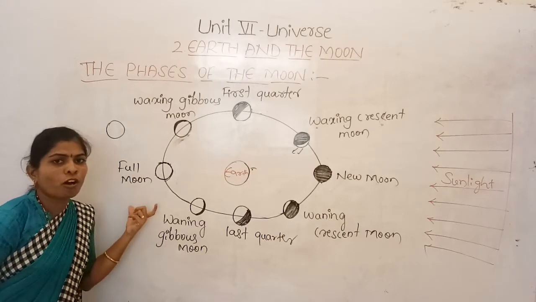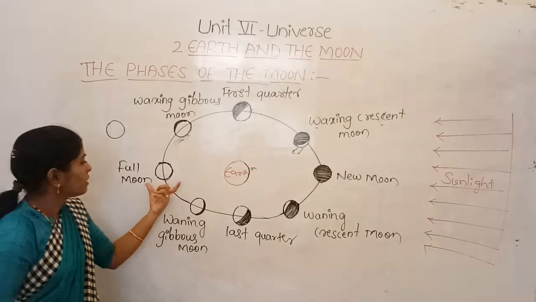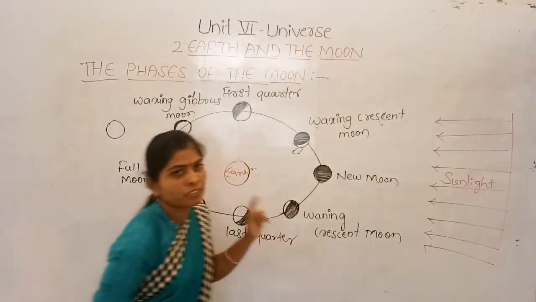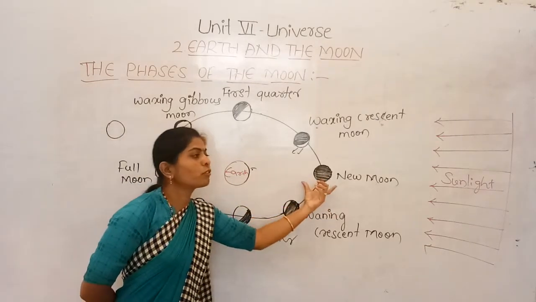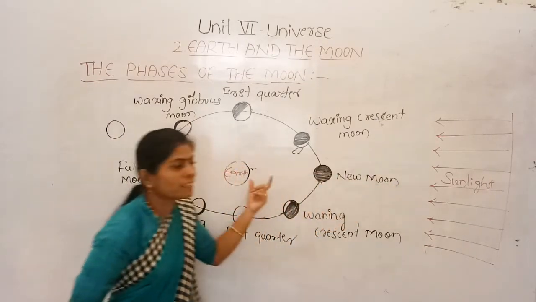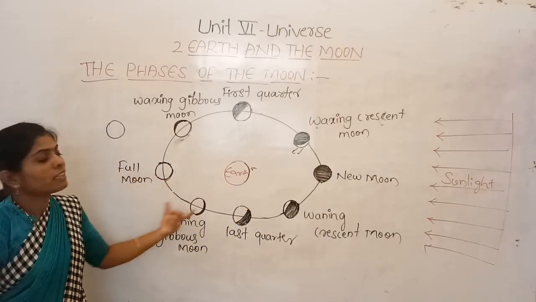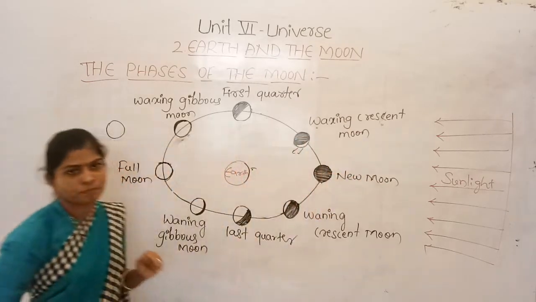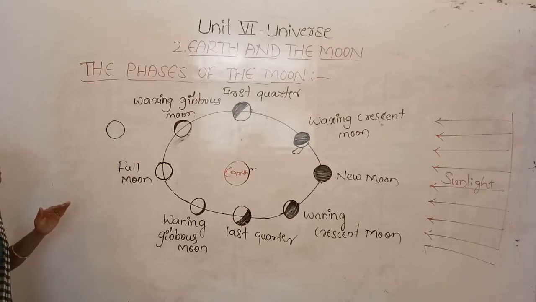This full moon occurs when the earth comes in between the moon and the sunlight. Positions are very important. So the new moon occurs when the moon comes in between the sun and the earth, and the full moon occurs when the earth comes in between the moon and the sun. Is it clear? So this is all about the phases.